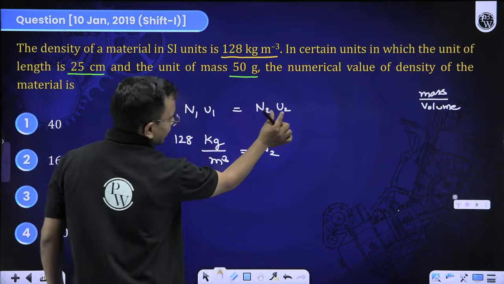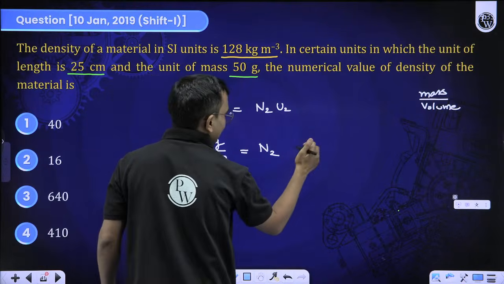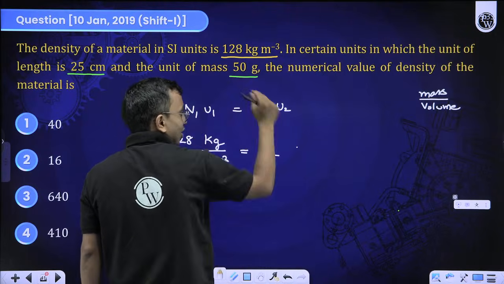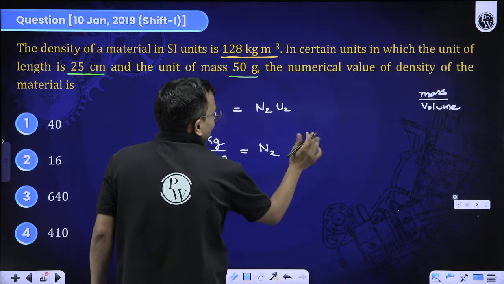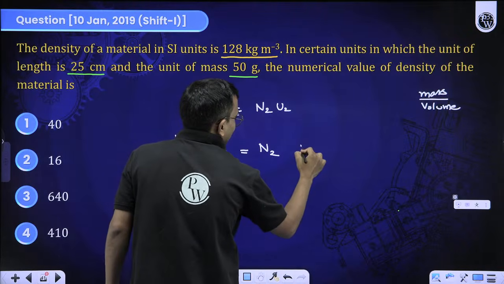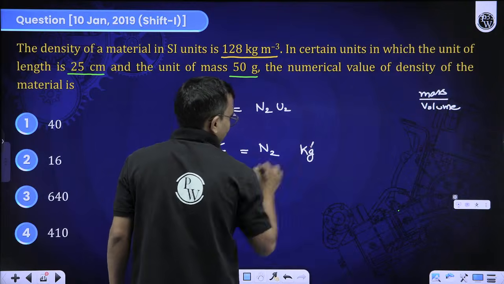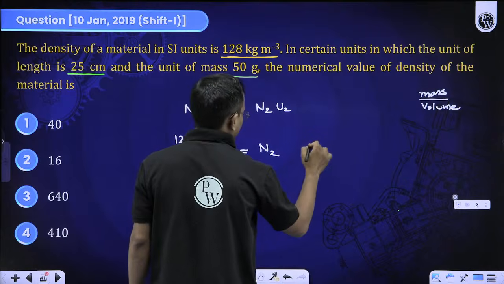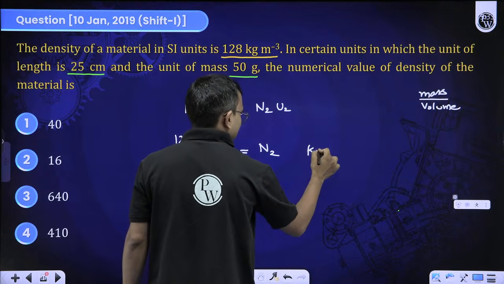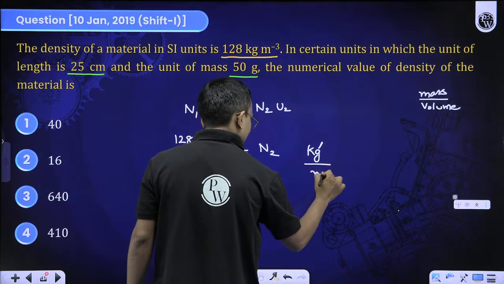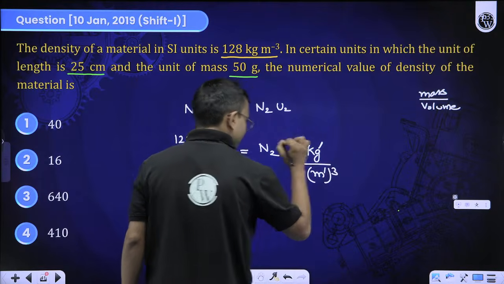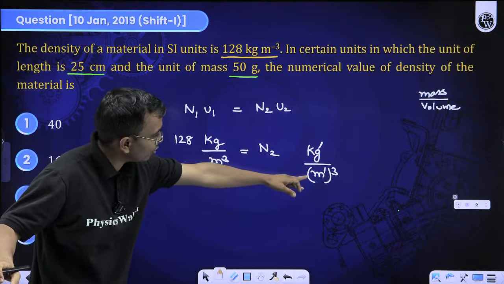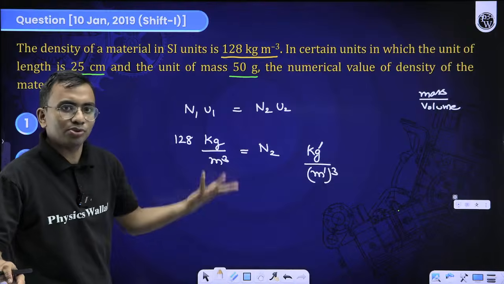Now in the second system of unit, my mass unit is 50 grams, by the way. So that I am writing as, let us take my kg dash. And here the new unit I am taking is meter dash, the new system of unit.